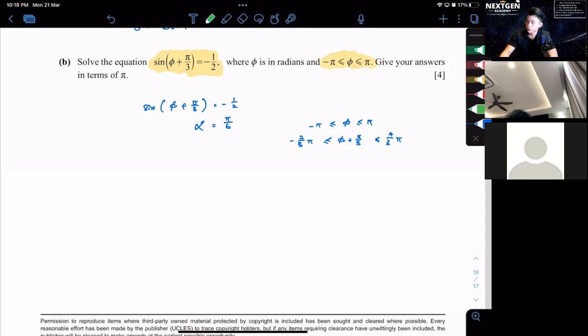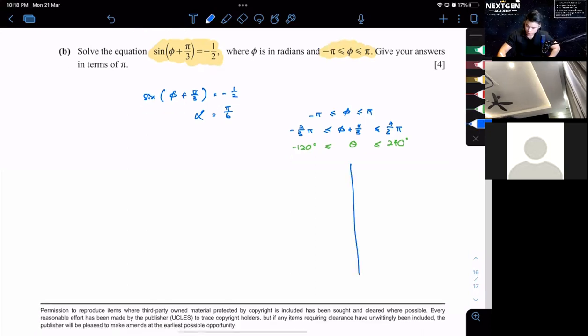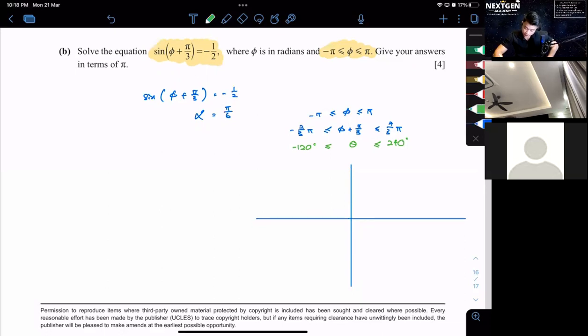If I were to write it in degrees, this will be negative 120 degrees. This one will give me 240 degrees. Normally the start and the end will always be at the same point. So let's sketch this out. Where's my start and end point?